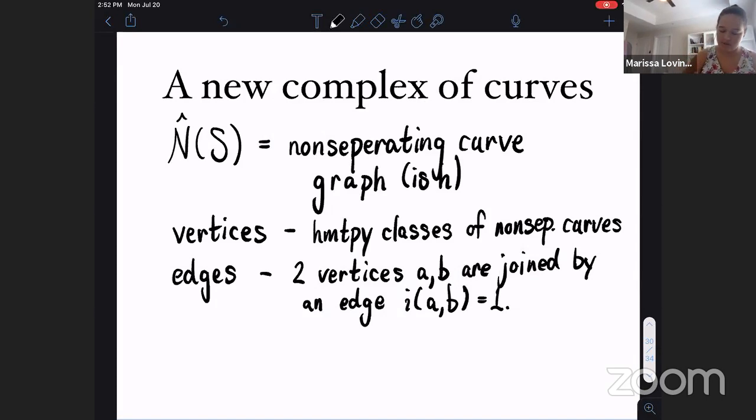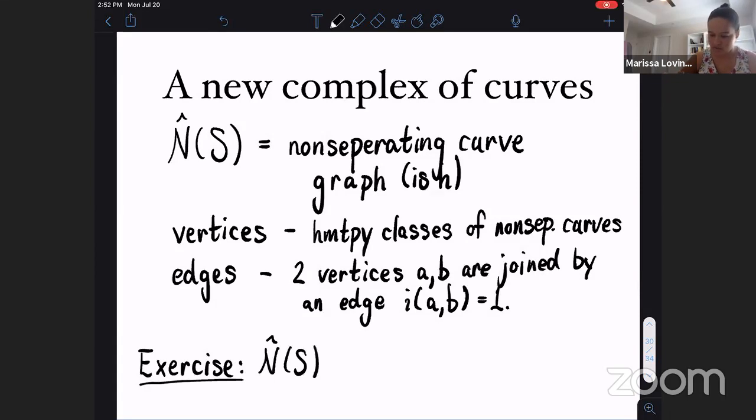And so here is an exercise, and I think this is not too bad. S_{g,n}, for g at least 2 and any n, this is connected.